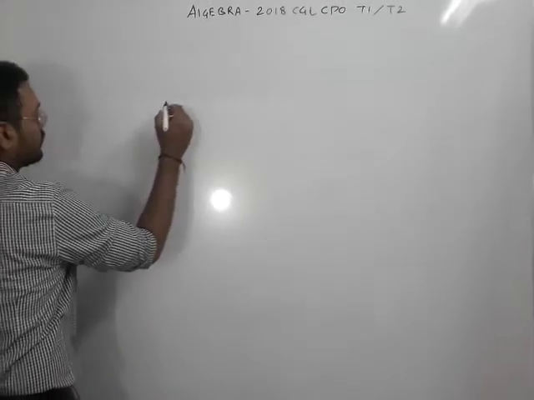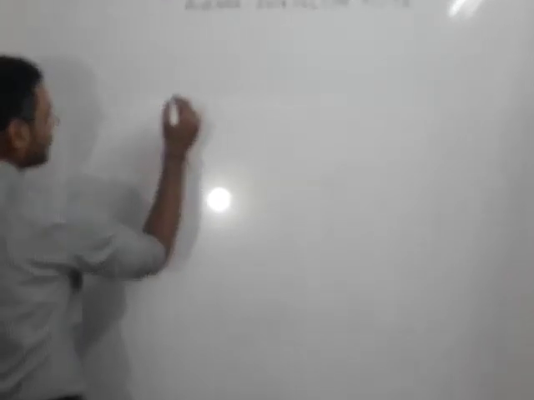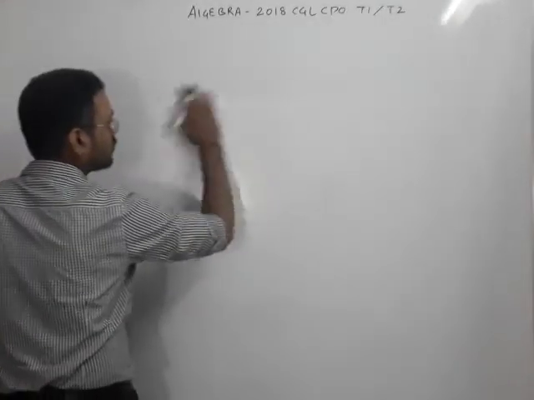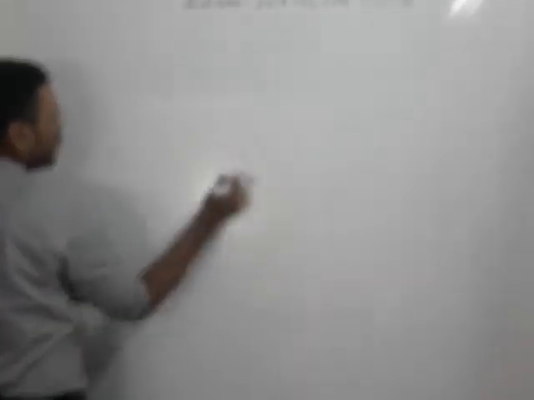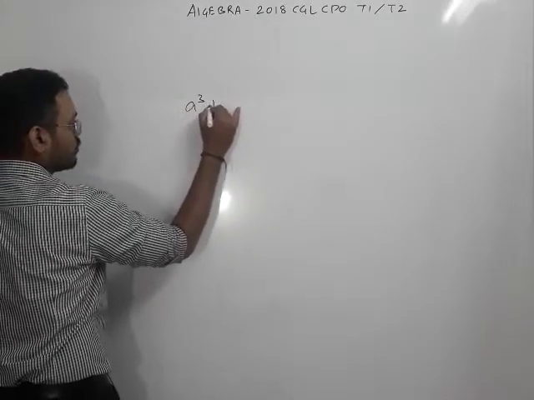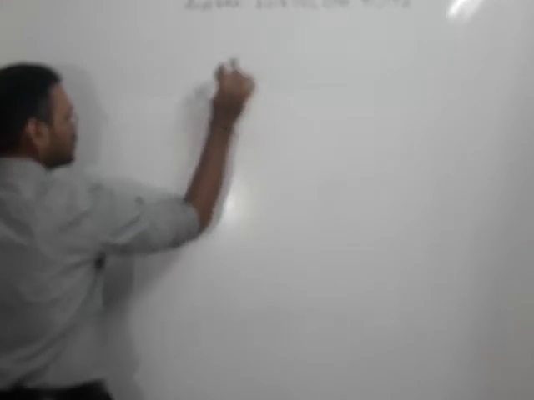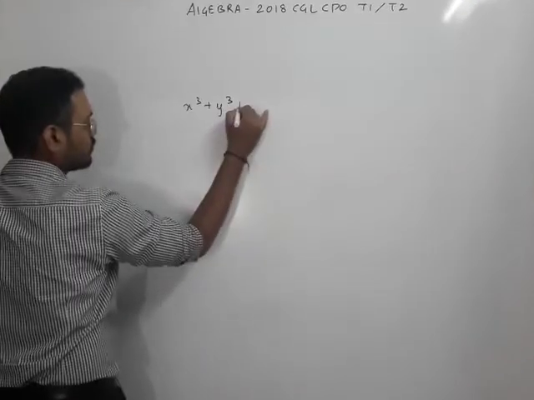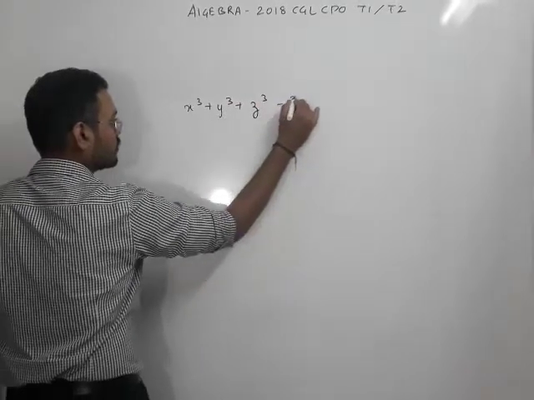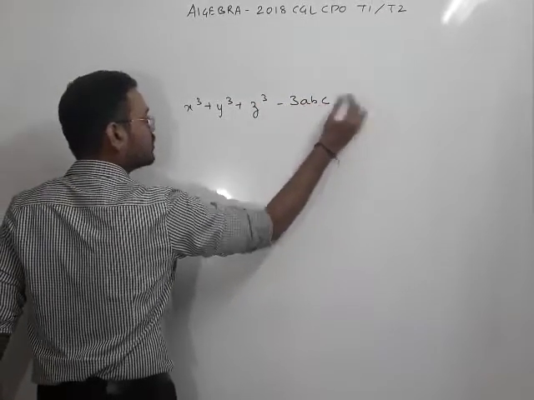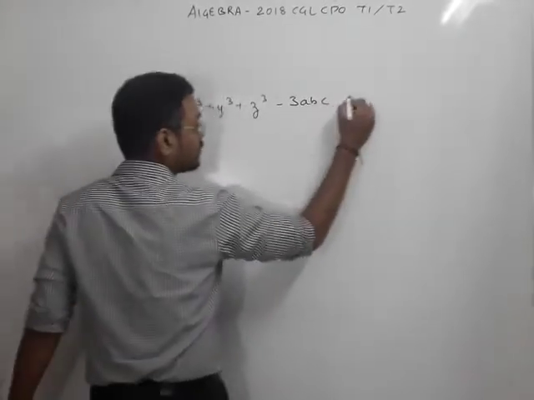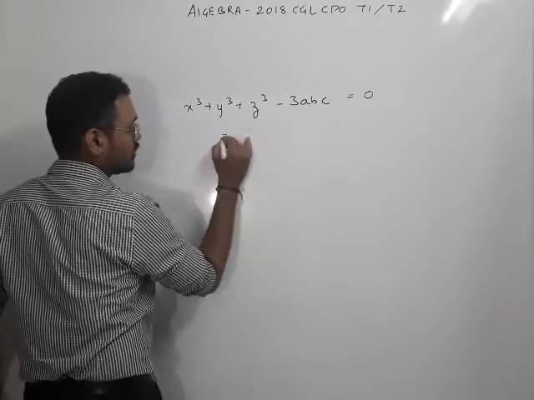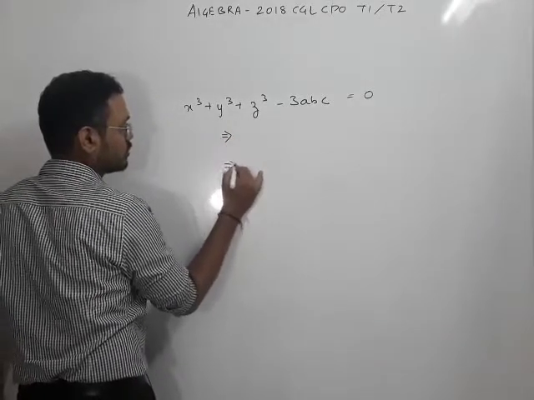If you remember that formula where a cube plus x cube plus y cube plus z cube minus 3abc is 0. What does it mean? It has two conditions.